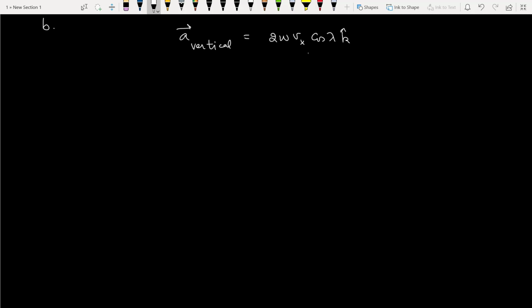So it is along the positive z-axis, which is opposite to the acceleration due to gravity.